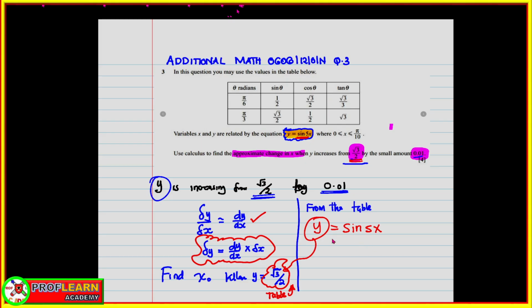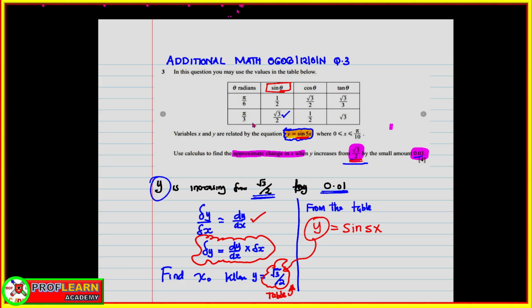Because we're talking about sine, we are going to focus especially at this area of the table, where we have sine, and look at this value at that point.